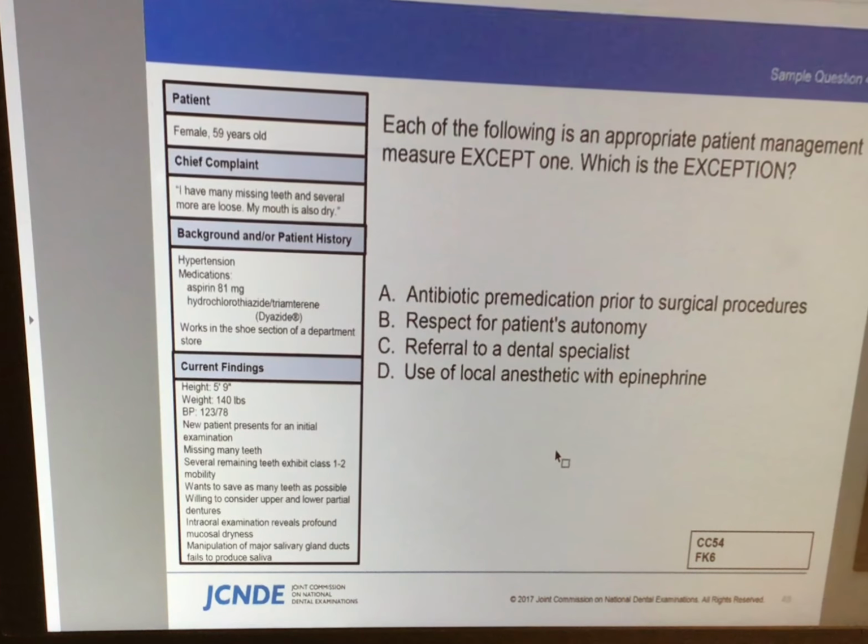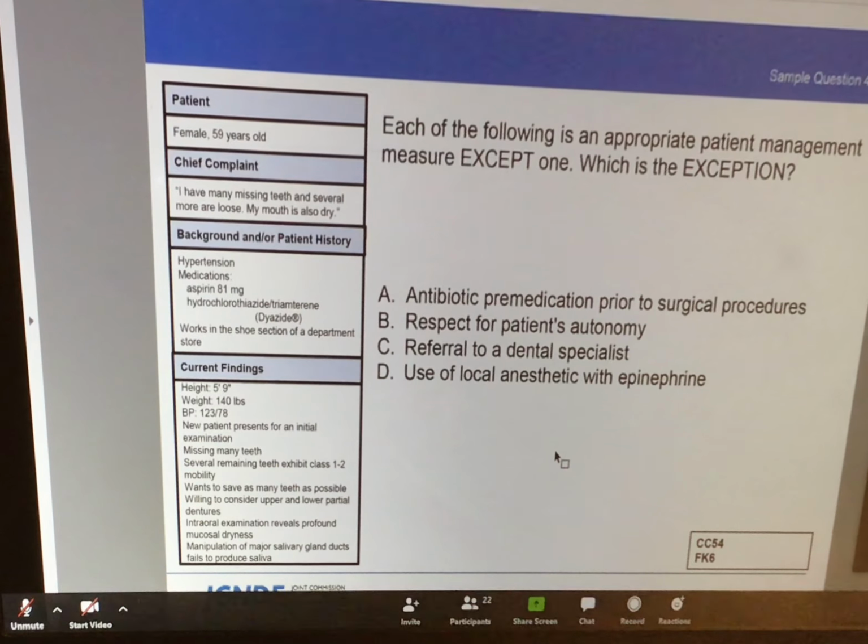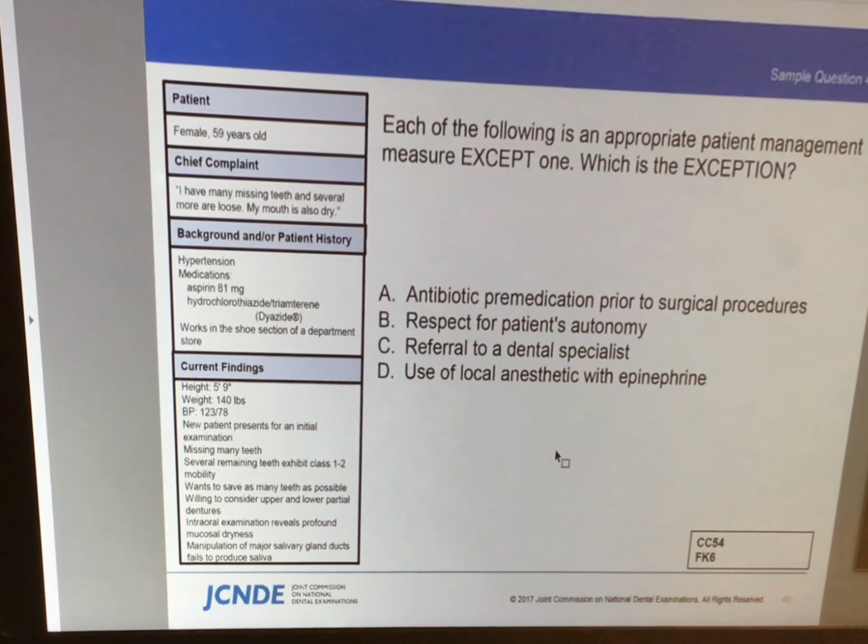So antibiotic prior to the surgery, patient doesn't have any medical condition that needs treatment, right? So definitely not. And respect for patient's autonomy, I'm not so sure. Okay, let's stand by that one. Refer to a specialist. If this type of patient is coming for multiple teeth extractions and the teeth are not in good shape, not possible to be saved, then definitely you can do the extraction.